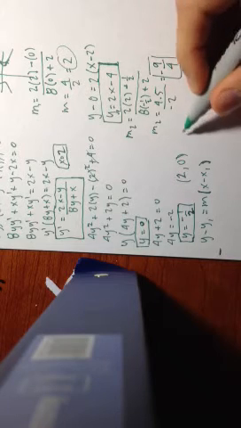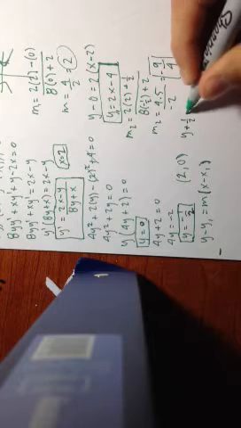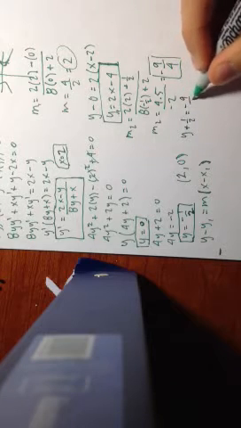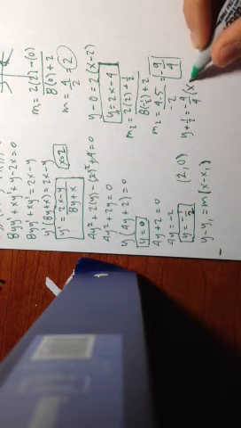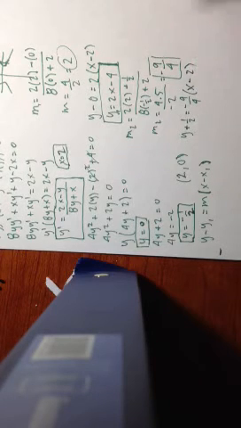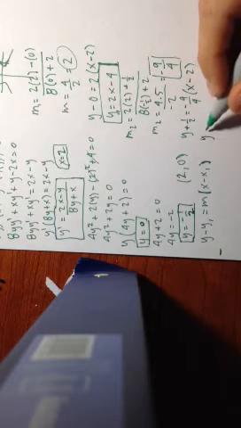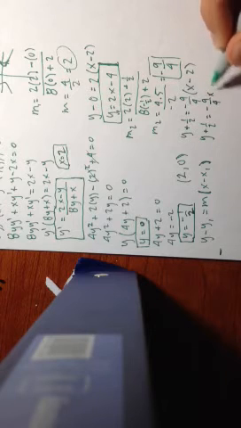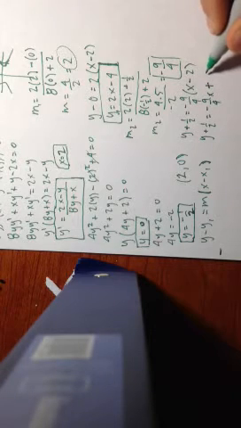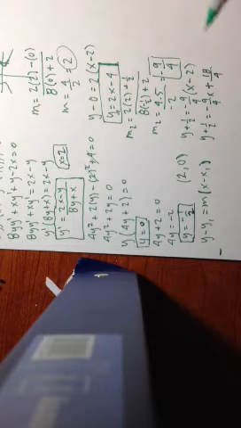Then you plug that back in: y plus 1/2 equals negative 9/4 times (x minus 2), so y plus 1/2 equals negative 9/4 x plus 18/4. I'll write that down and simplify later.